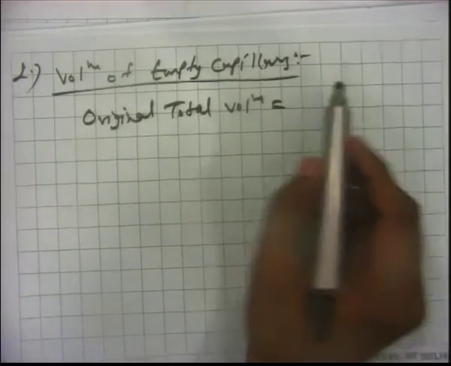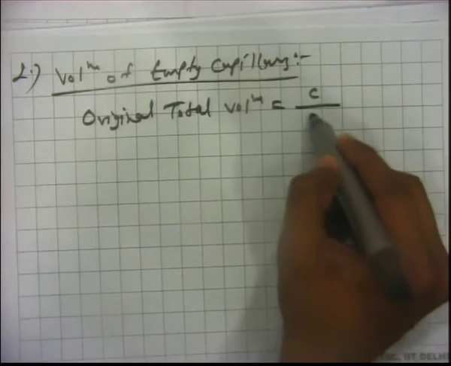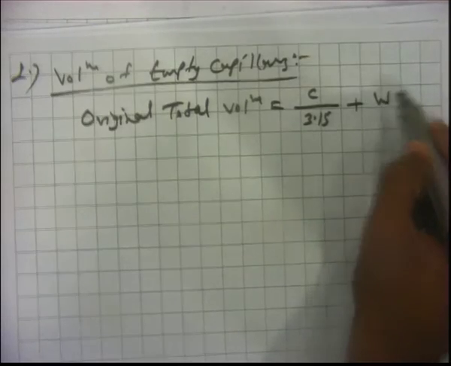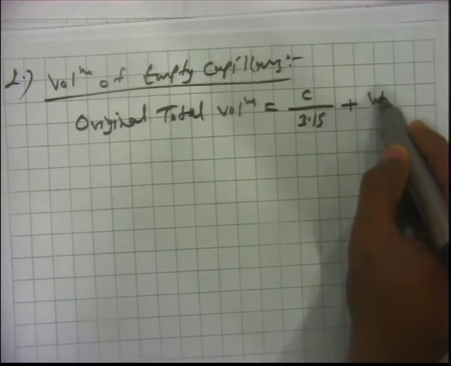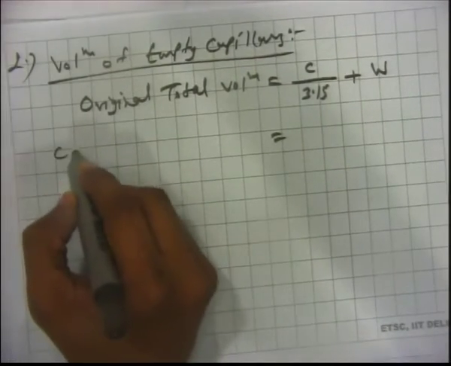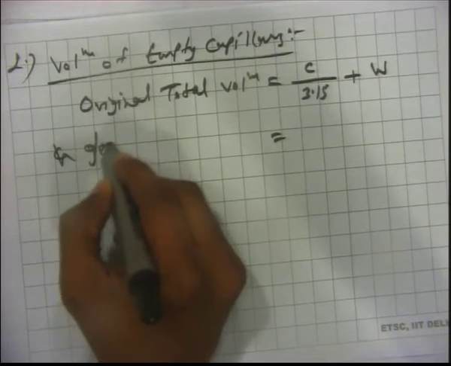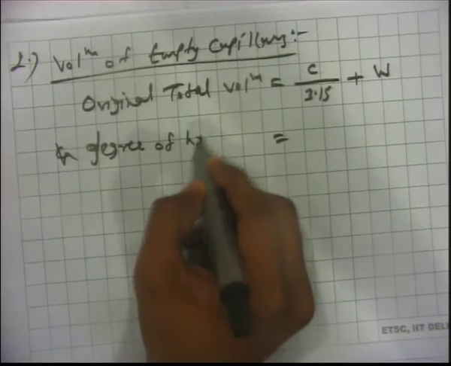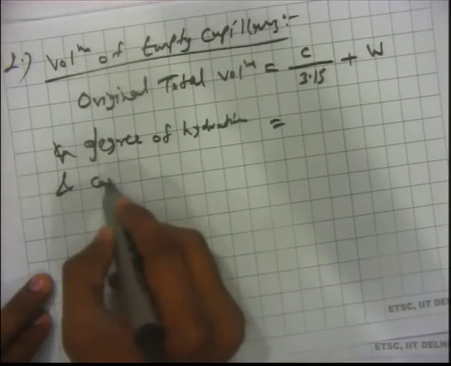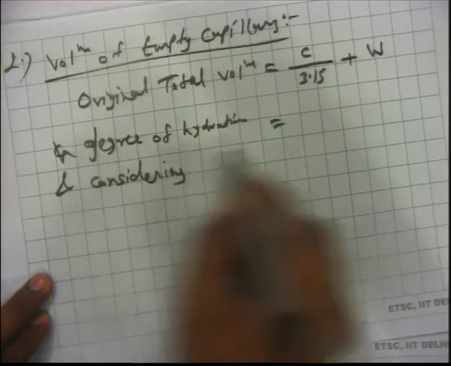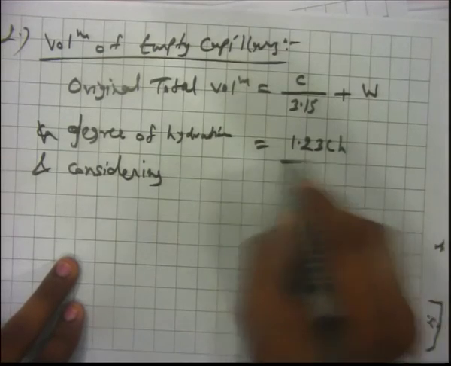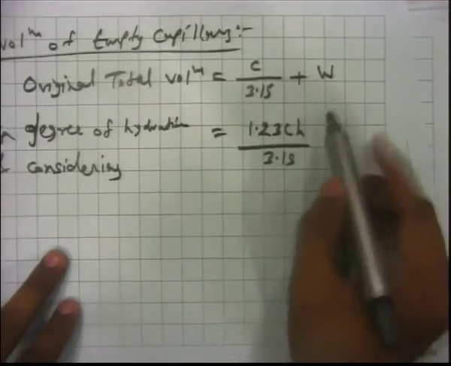We have taken C grams of cement, so C divided by the specific gravity of cement, 3.15, is the volume of cement, and W for water. For the hydrated cement, CH is the degree of hydration, and considering chemically combined water, it will be 1.23 CH upon 3.15.